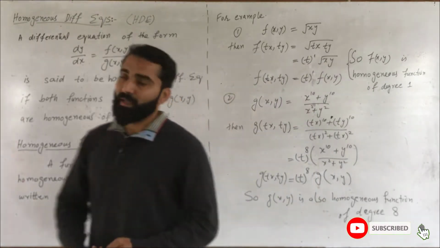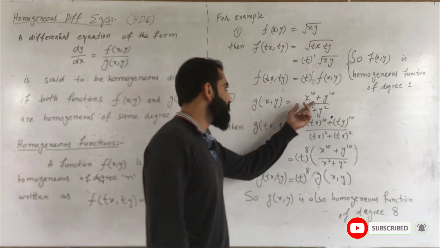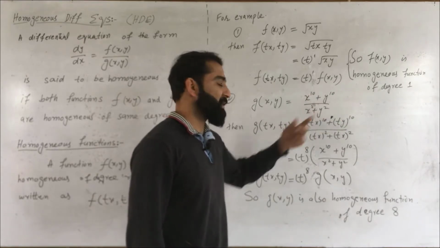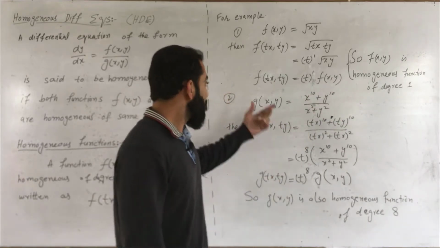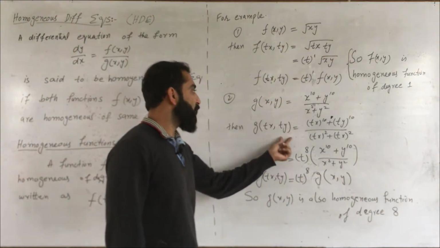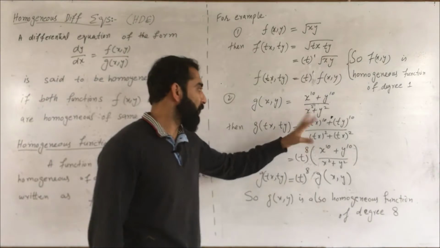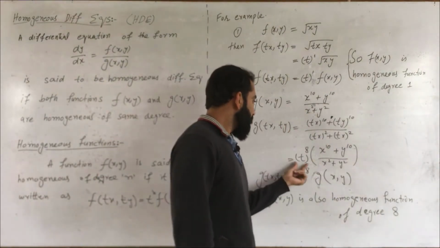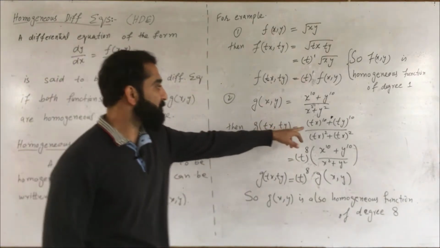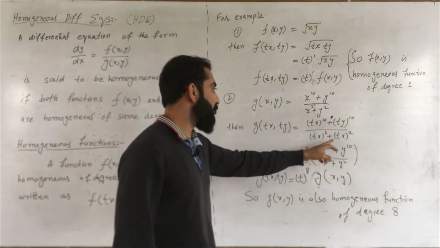Another example, take another function g of x y equal to x raised to power 10 plus y raised to power 10, divided by x square plus y square. If we put t x in the place of x and t y in the place of y in this function, we get t raised to power 8, by taking t raised to power 10 common from the upper side and t raised to power 2 from the lower side.